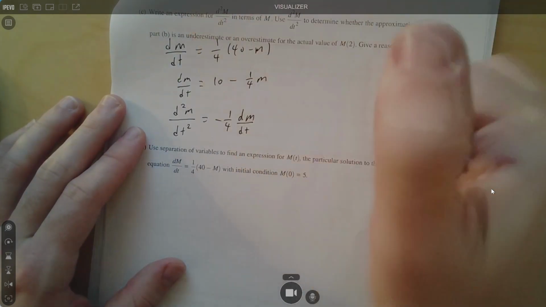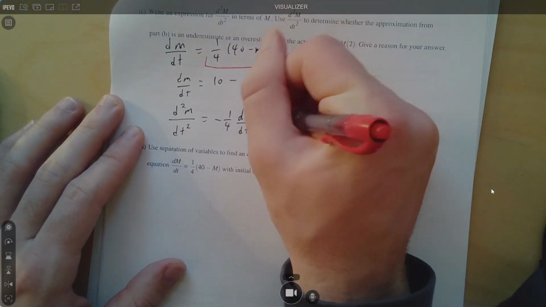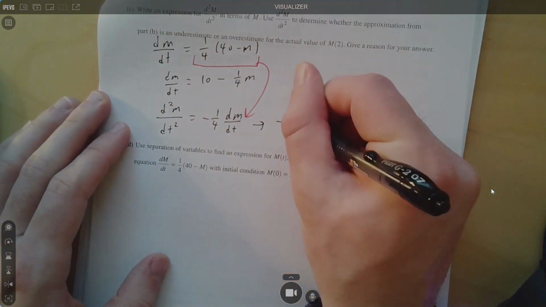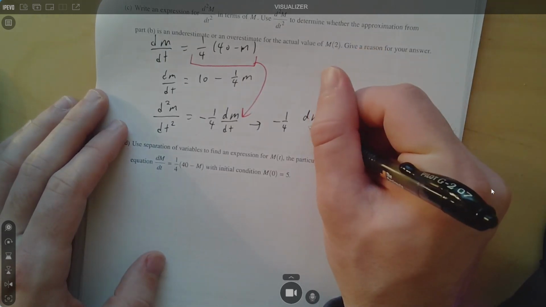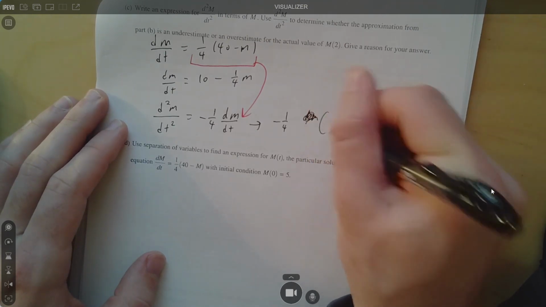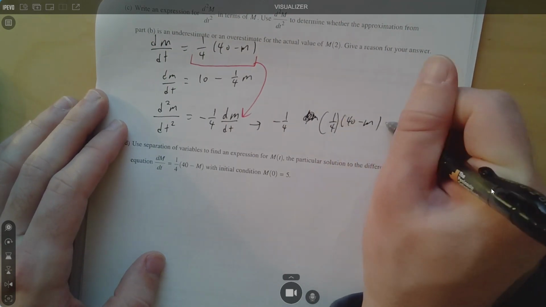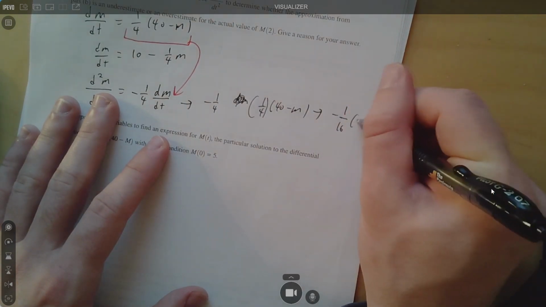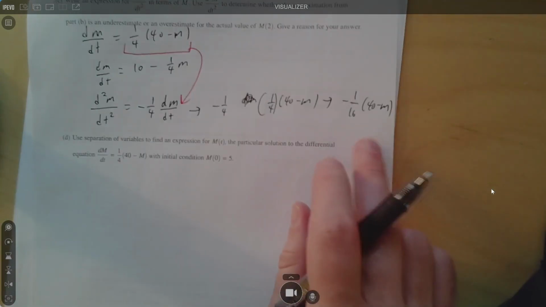Then you take this upper part, what is dm/dt, and sub that back in. So this becomes negative 1/4 times 1/4 (40 minus m), which will be negative 1/16 (40 minus m).